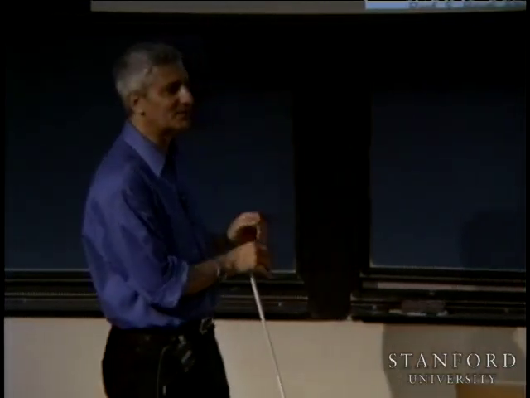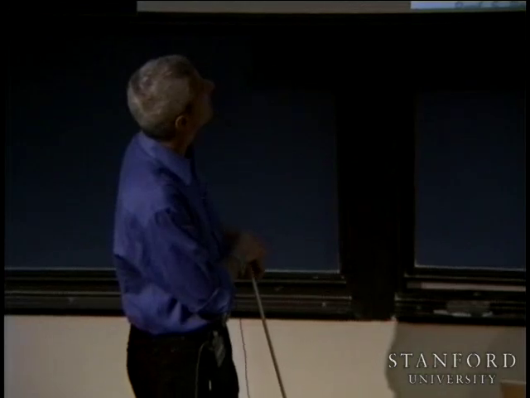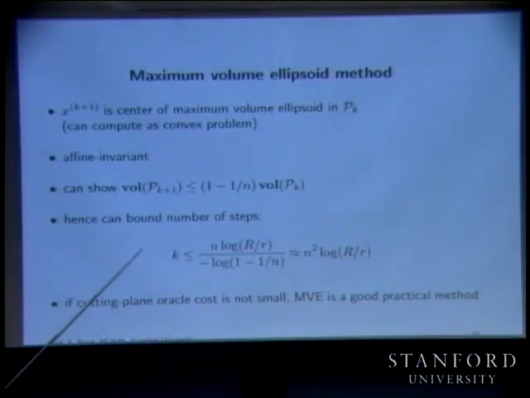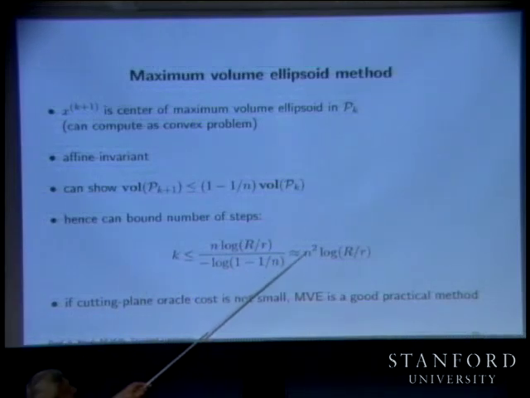Anyway, I won't attempt it. I think it's described in the notes. Once you know the volume reduction, you can work out a bound on the number of steps required. In this case, it scales not like n, as before, but like n squared. So this one degrades, but it's a perfectly good practical method.